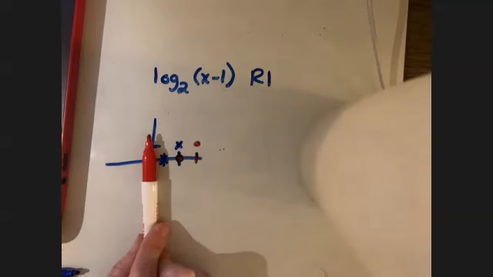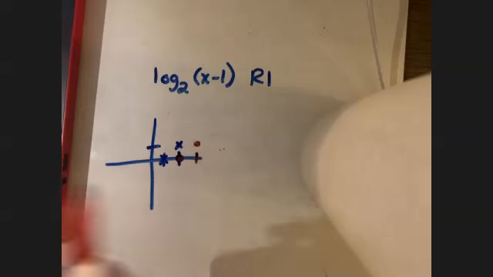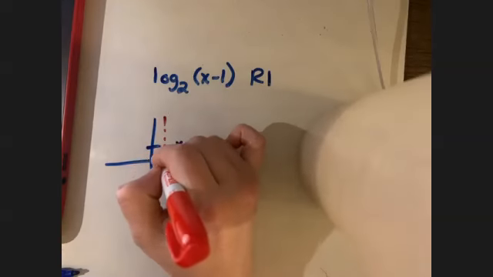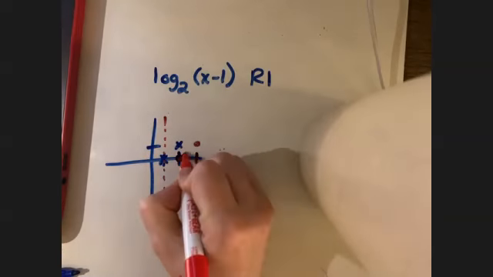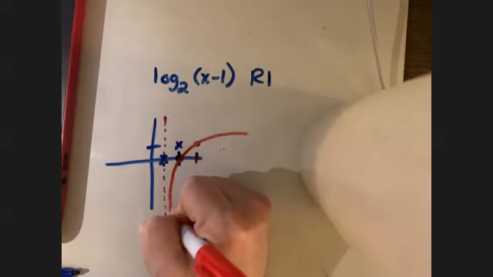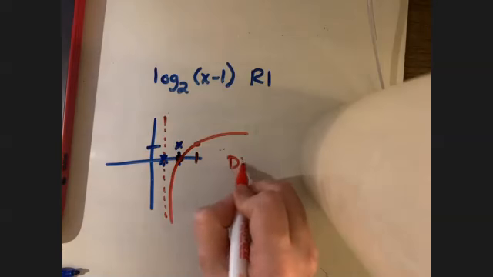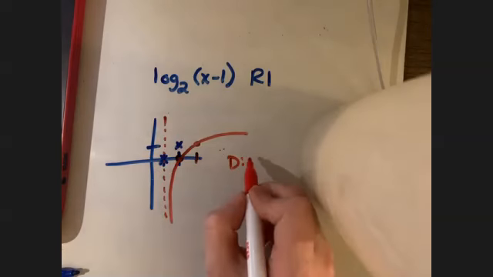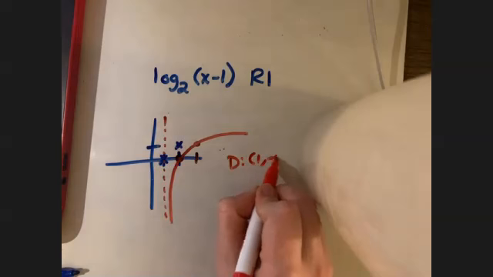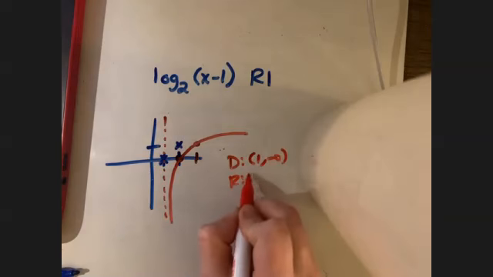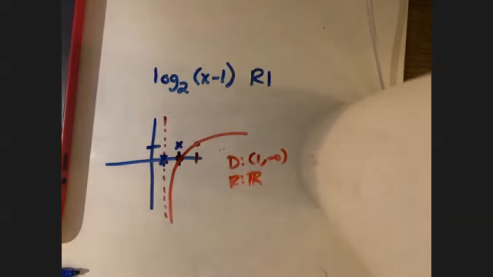And then the asymptote also needs to go right 1. So it's going to land right there. So we're going to arch up and drag down. Now, if we're going to talk about domain, the vertical asymptote is going to help us establish our domain. So that's going to be from 1 to infinity. Range is going to be all reals.